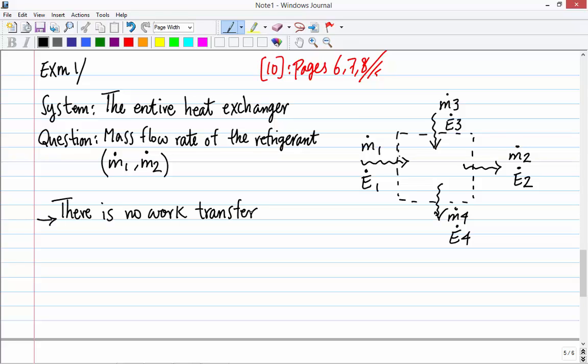Because there's no piston, shaft, blade, compressor, turbine, or anything that can do work, or electric work like a heater or element, nothing.